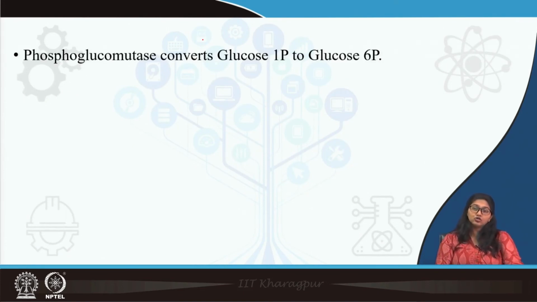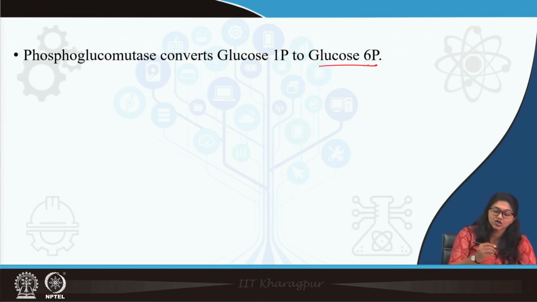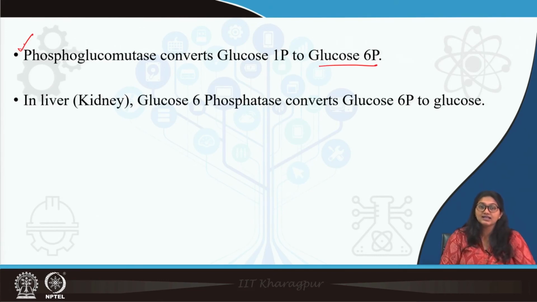Now, the glucose 1-phosphates released by glycogen phosphorylase are converted to glucose 6-phosphate with the help of phosphoglucomutase, and this glucose 6-phosphate has a different fate in liver and skeletal muscle.